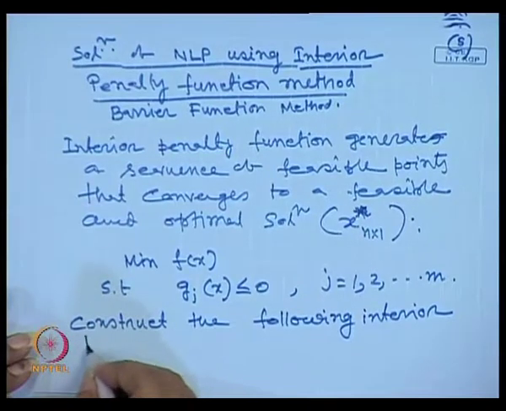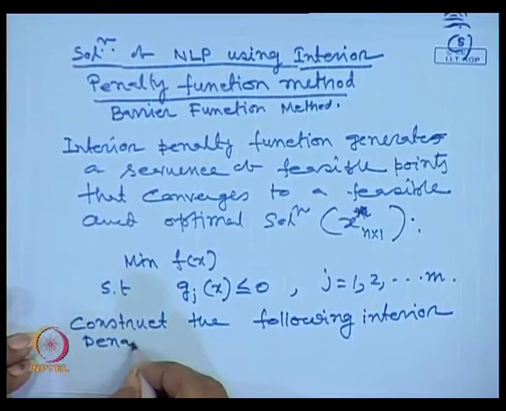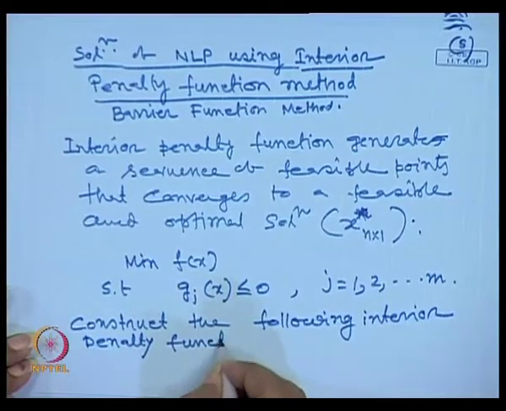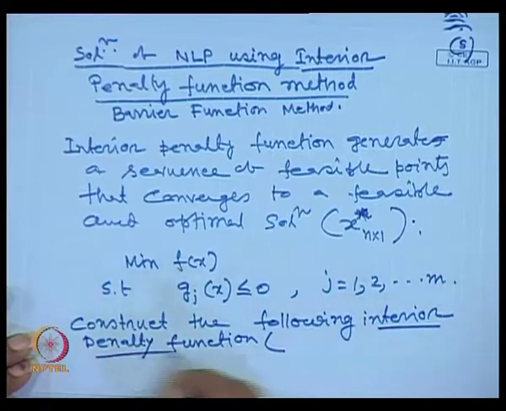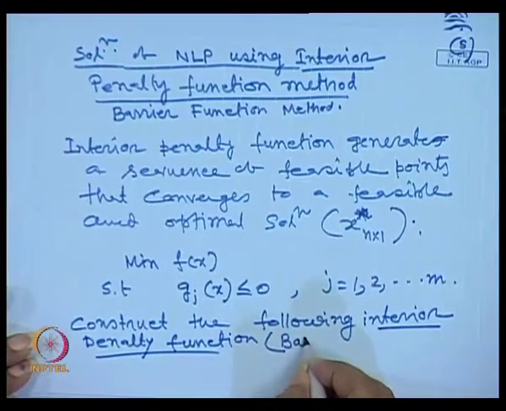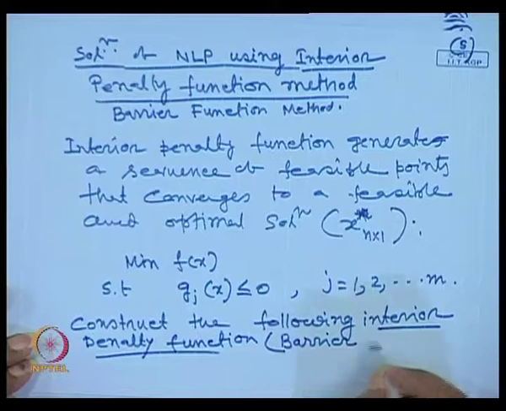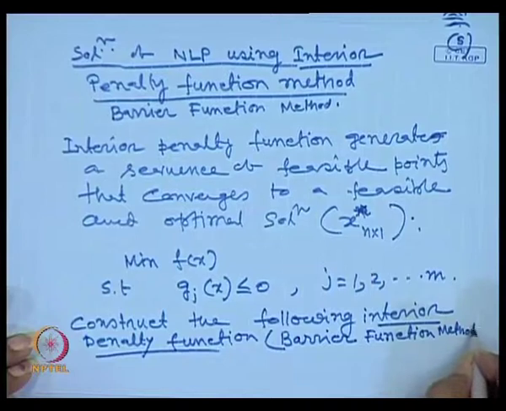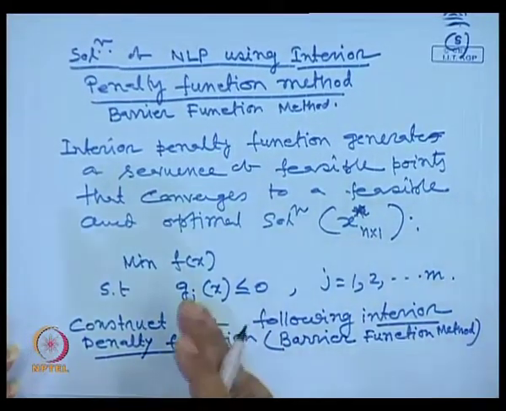If we plot it, first let us see what f of x is. F of x is nothing but x, and that you have to minimize. This is nothing but a straight line passing through the origin, and our feasible region is x greater than 2. Let us call this 1, this 2.